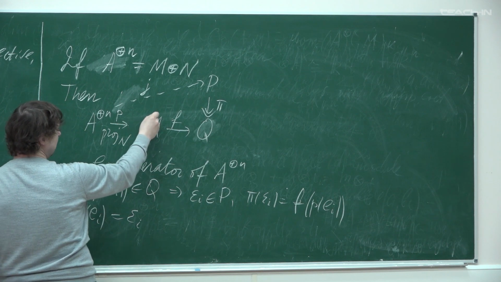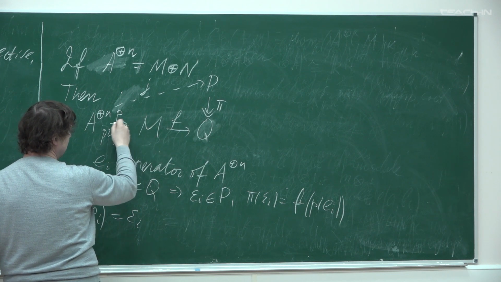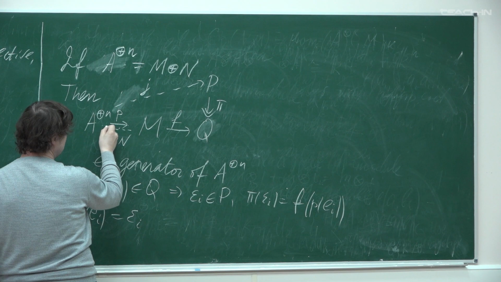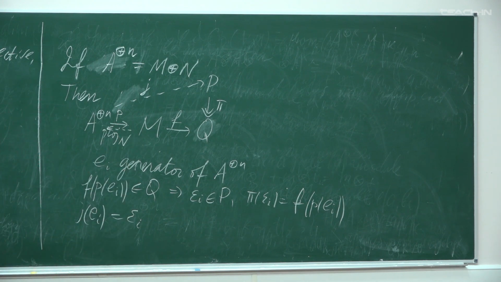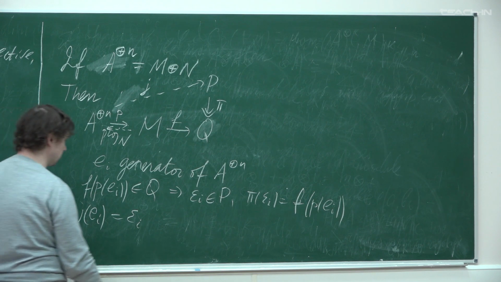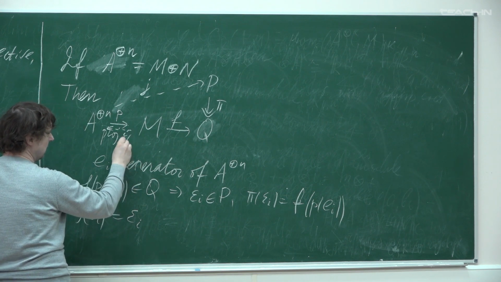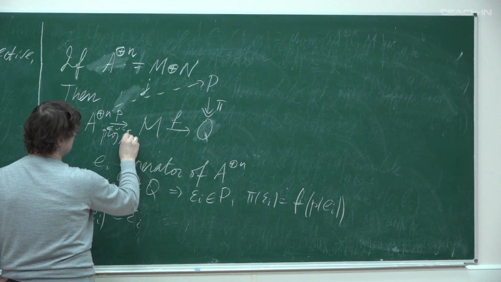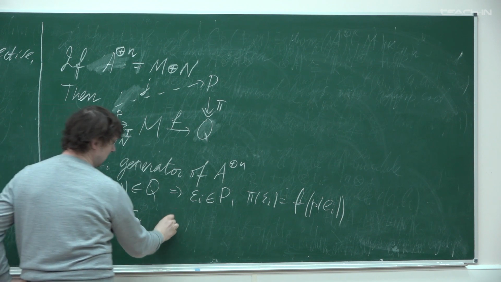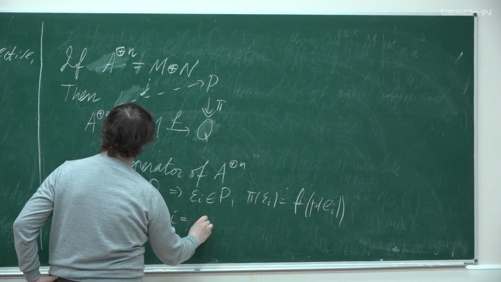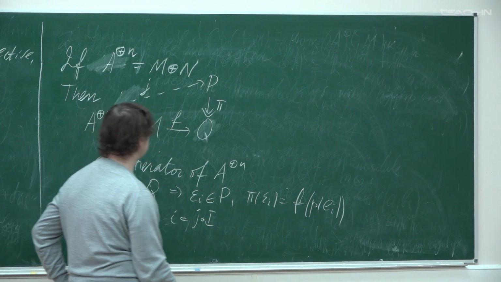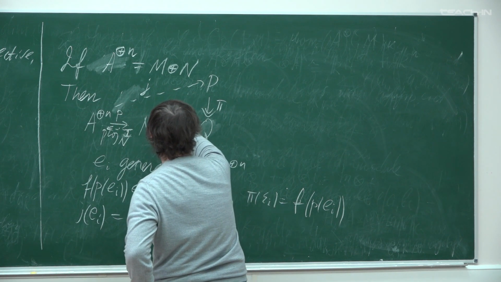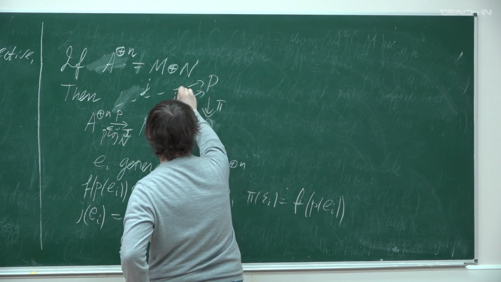And then to make the whole diagram commutative for M, I take the injection of M into this direct sum, I capital. So I is equal to the composition of J and I capital. This gives you the desired map from here to here.